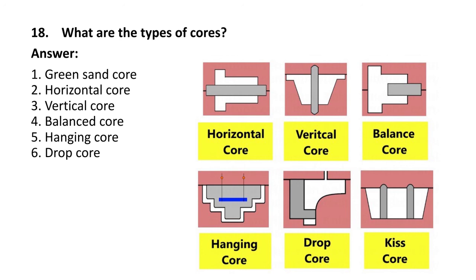These are nothing but the different types of core. So the core is basically used when you want to produce a product with cavities. That is the use of core. So whenever there are cavities inside the casting, then you can use the different types of cores.